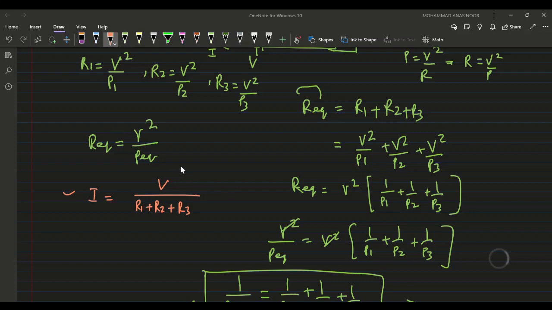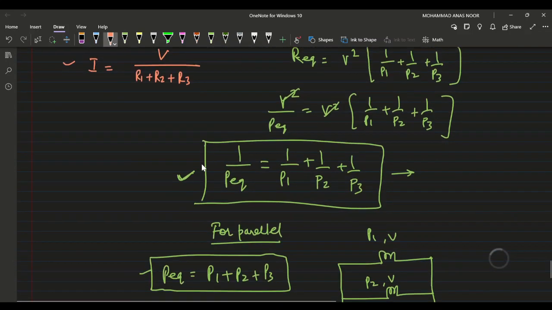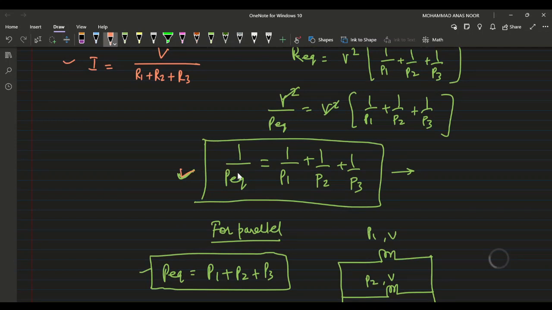see, the equivalent power is 1 by P equivalent equals 1 by P1 plus 1 by P2 plus 1 by P3.